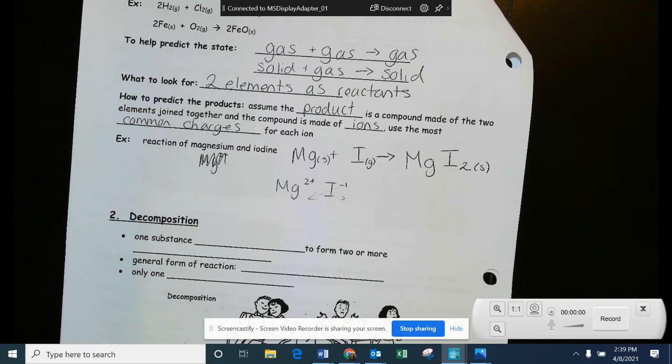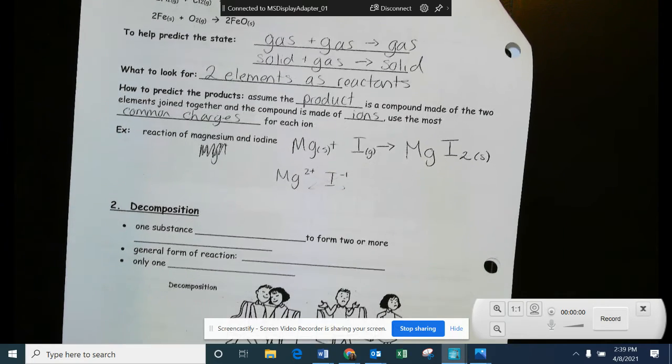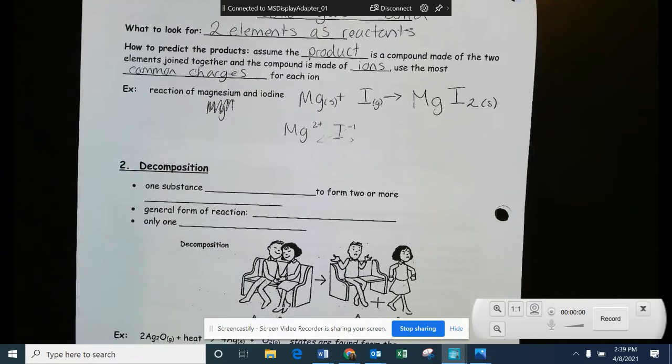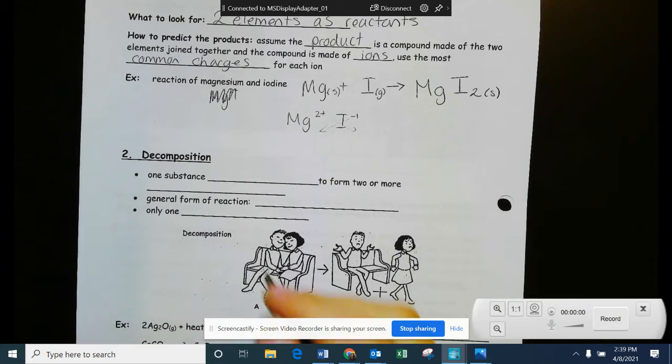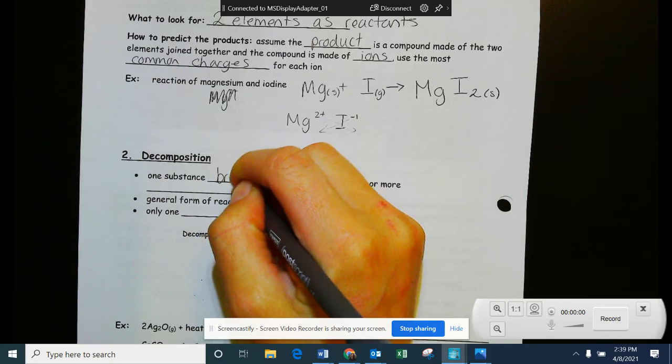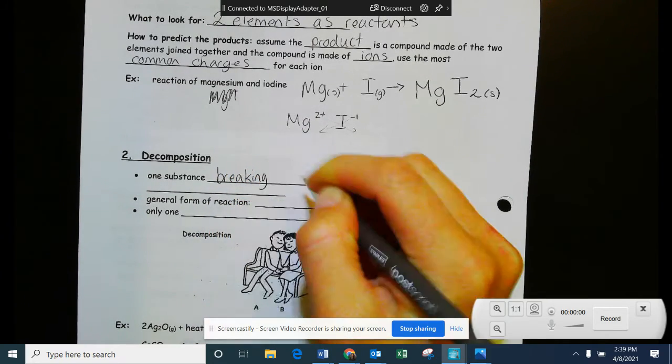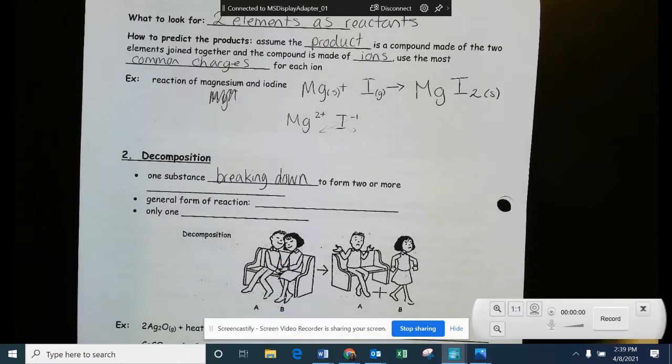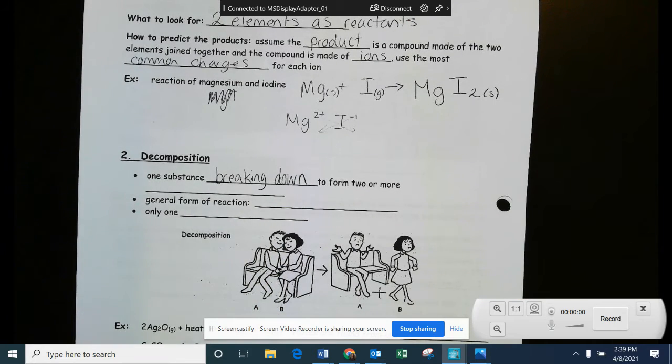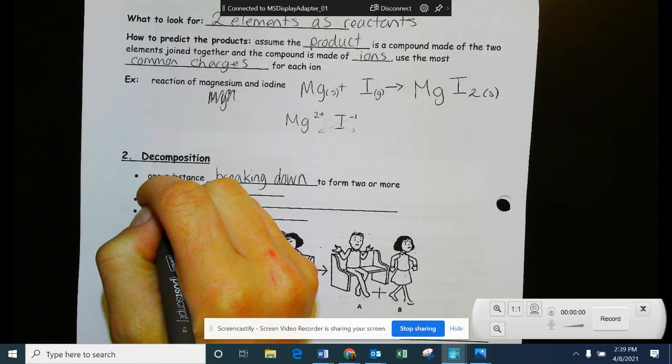Okay. So that is synthesis. Decomposition is very similar. It is one substance breaking down, so it's just basically the opposite, to form 2 or more simpler substances.